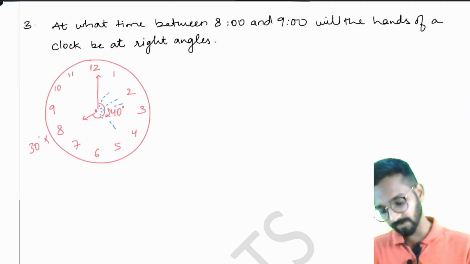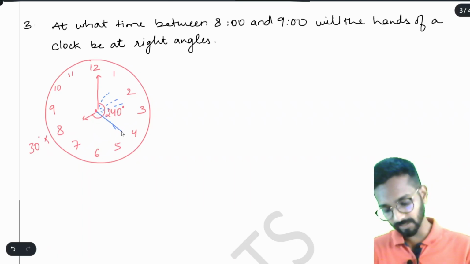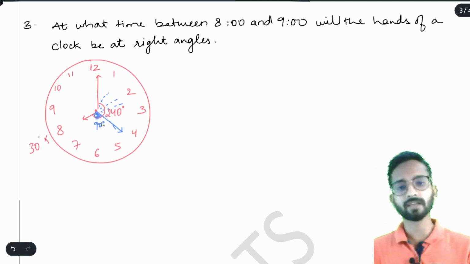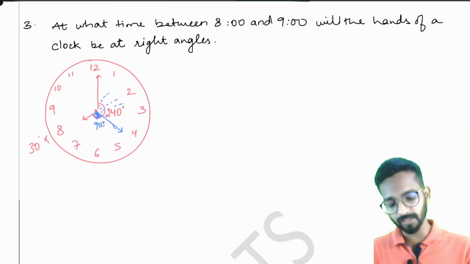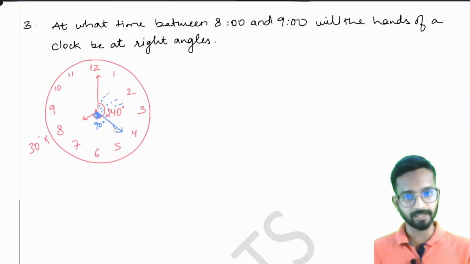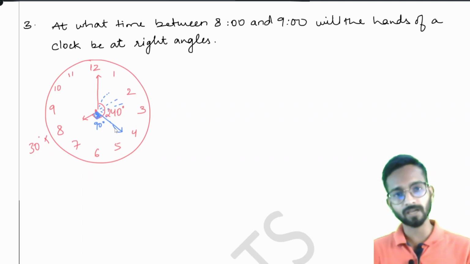By looking at the figure, we can say that when the minute hand is around here, it will form a 90 degree angle. We are just guessing. We do not know whether it will be exactly here, but we know it will be around here. But we have to find the exact time.